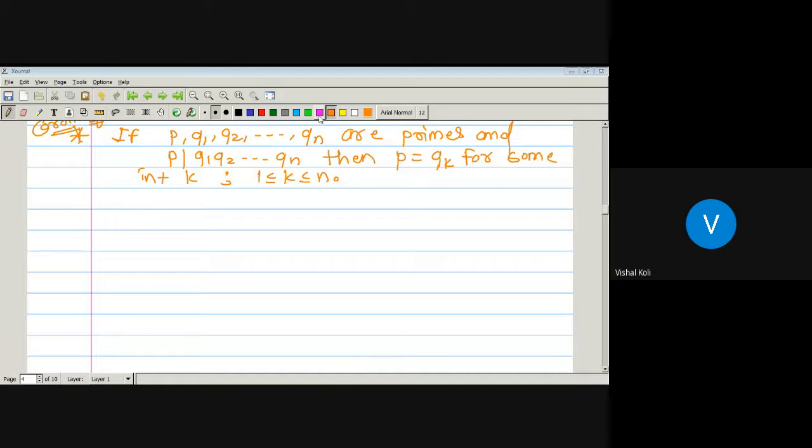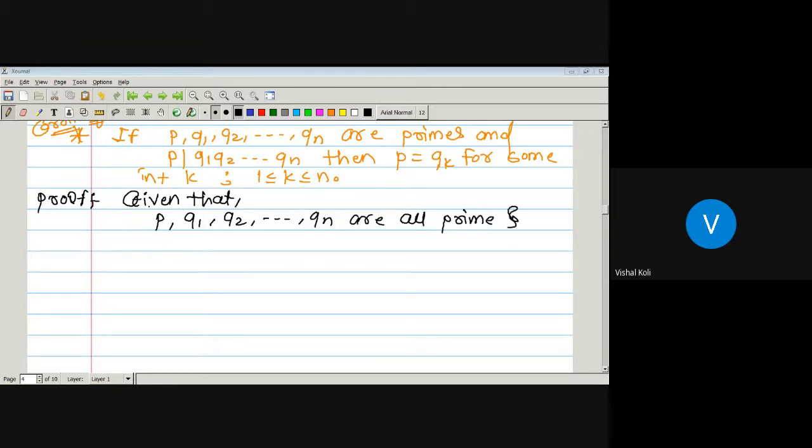So, prove, given that P, Q1, Q2 up to Qn are all primes, and P divides the product Q1, Q2 up to Qn.